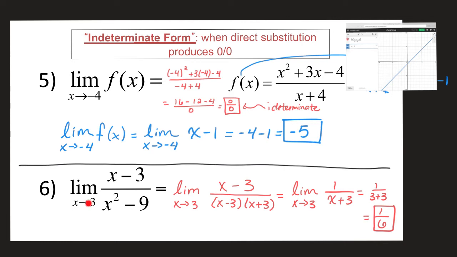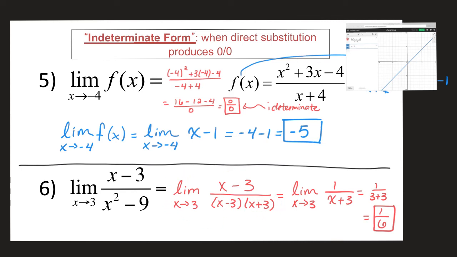I didn't show in my direct substitution at the beginning, but just to talk through that, 3 minus 3 is 0. 3 squared is 9. Minus 9 would give me 0. So 0 over 0. So then I said, okay, well, what can be factored? The denominator can be factored. So I said the limit of this function is equal to the limit of the same function in factored form.